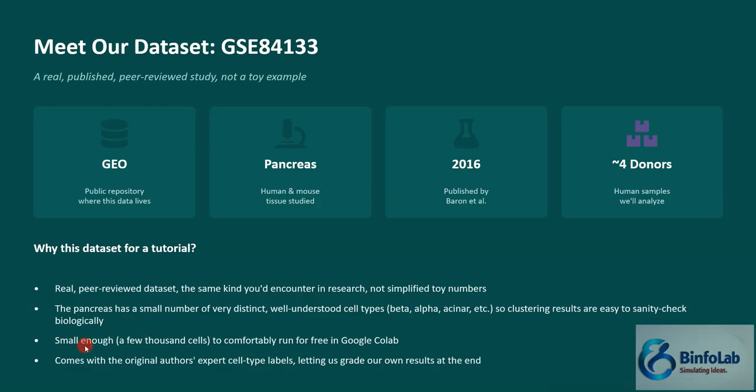And the third reason is that I will demonstrate all these things in Google Colab. Because of its smaller size, it will be easier for me to quickly demonstrate it.